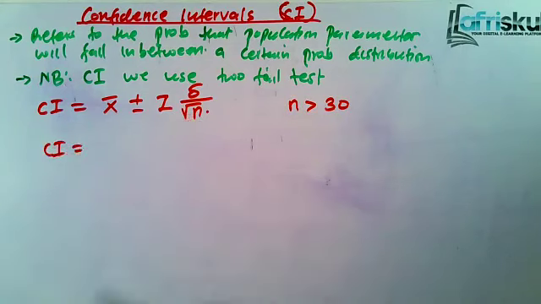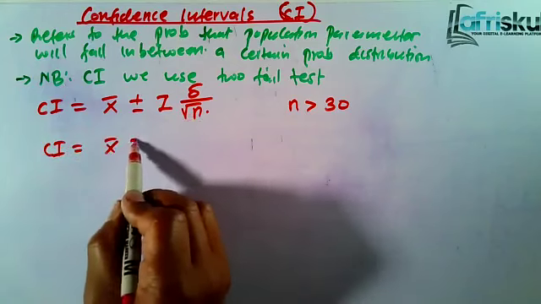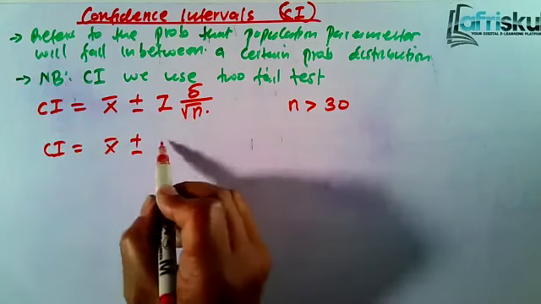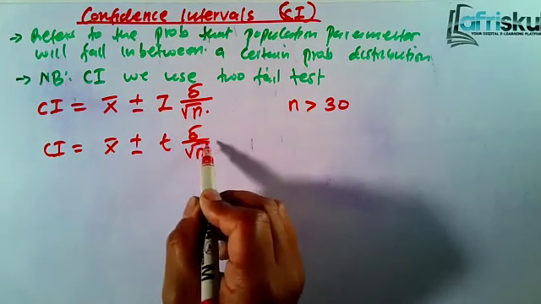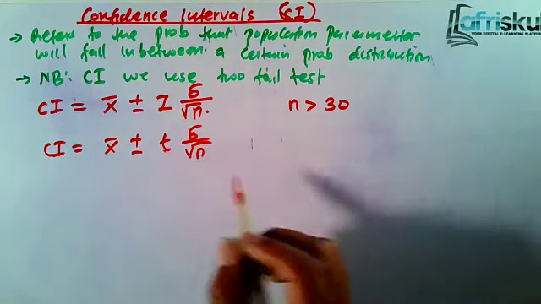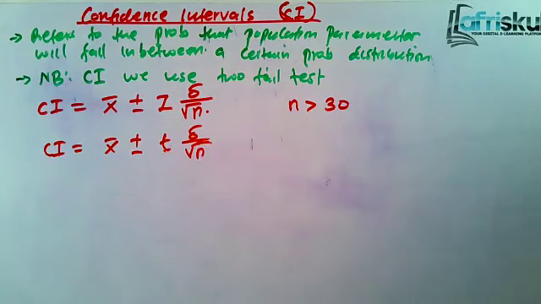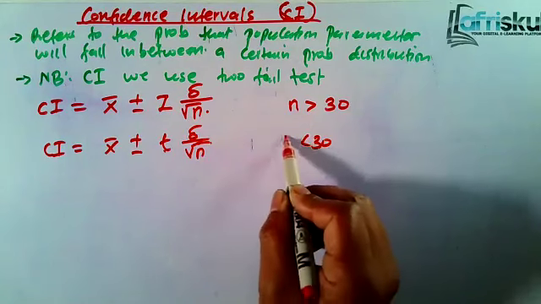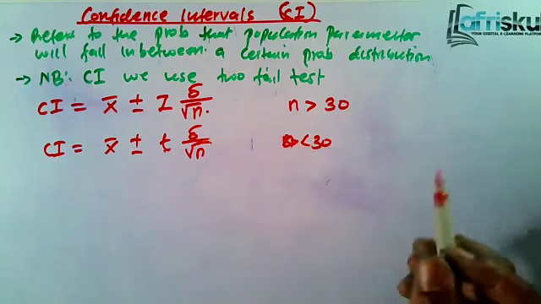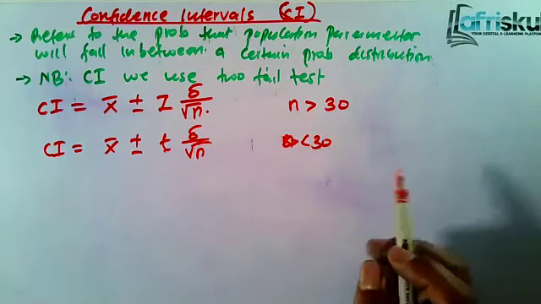Also, this is how you can get the confidence interval: X bar plus or minus T times the standard deviation over the square root of n. We use T when the sample size is less than 30.